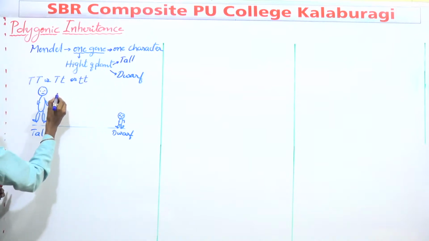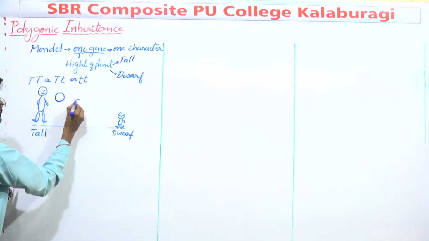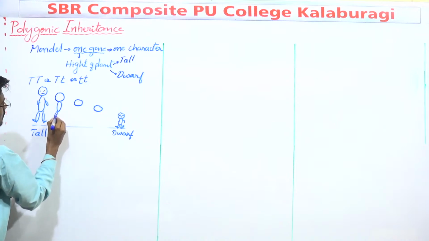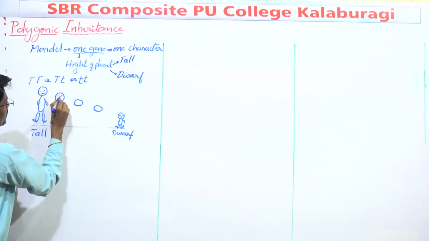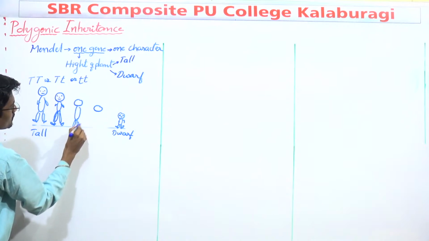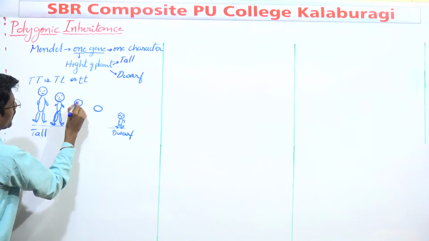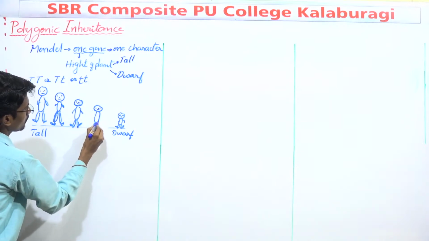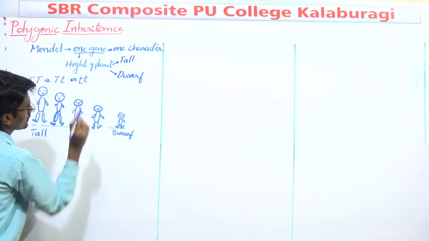Let's see here, some people are this much of height, some are like this, some are like this, isn't it? And these are the different heights of individuals in a population. Here you can see the height of individuals varies.